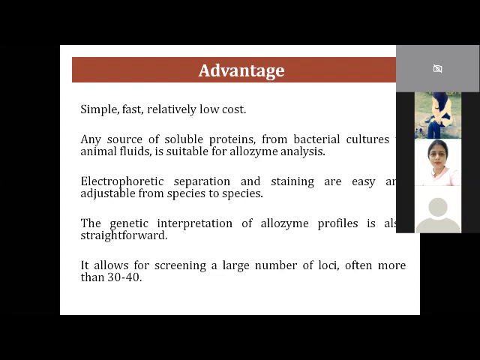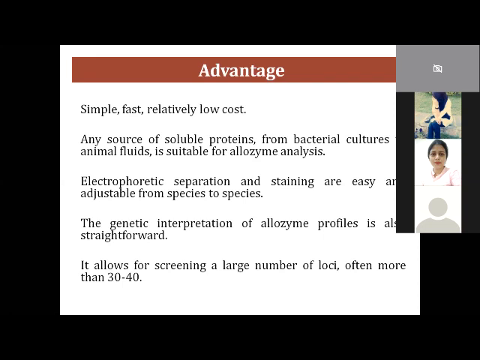And it allows the screening of a large number of loci. Here I am considering only one, alcohol dehydrogenase, but altogether, if you are running a biological fluid, that has several proteins.